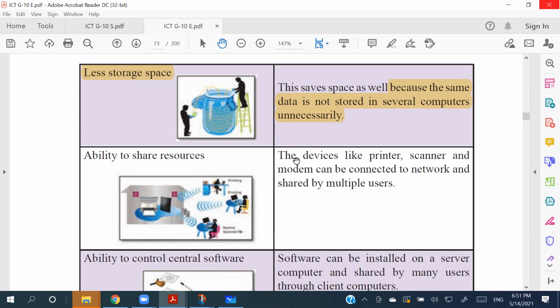And as the next point, write this explanation. You don't need to write ability to share resources, it is indicated from this. So just write that particular thing as the third point.